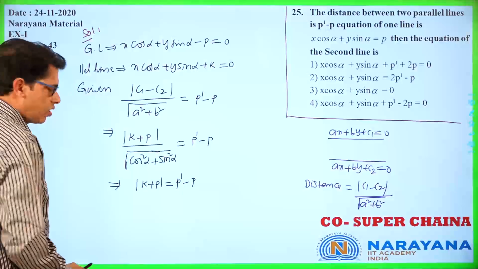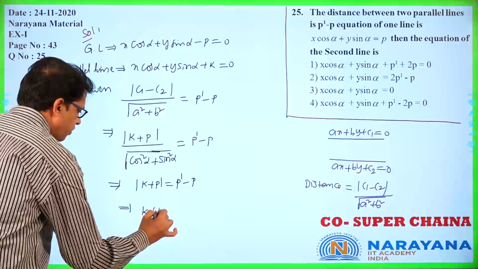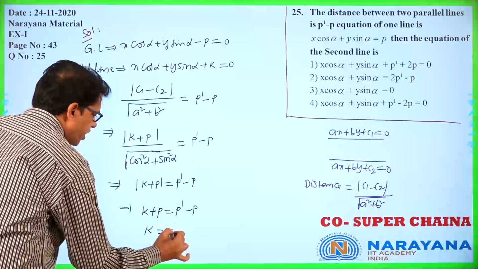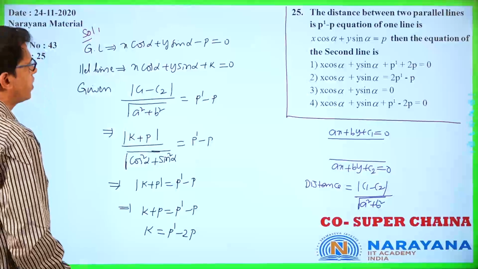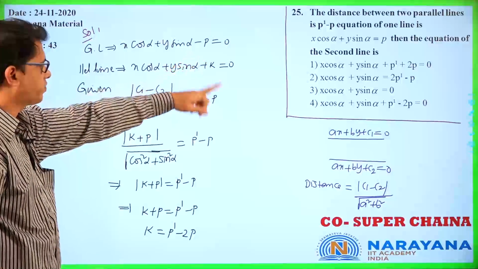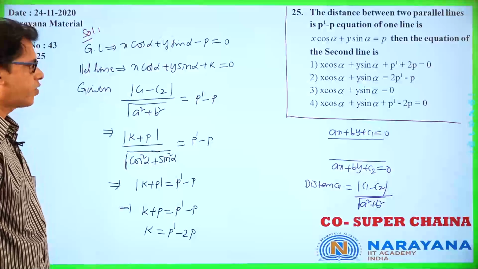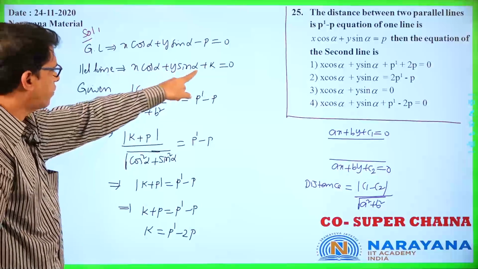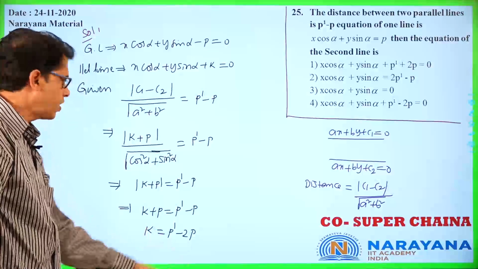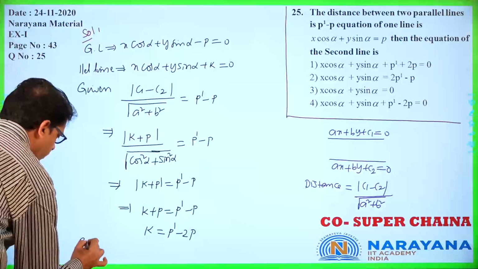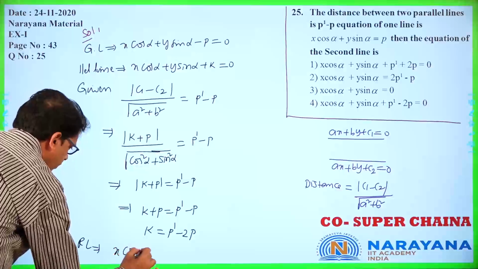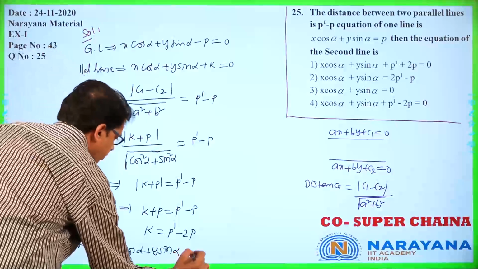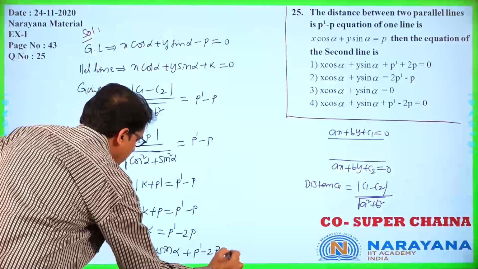If you take the plus symbol, that implies k plus p equal to p dash minus p. So k equals how much? p dash minus 2p. Replace it here. Therefore the required line is x cos alpha plus y sin alpha plus k, with k value p dash minus 2p, equals 0.